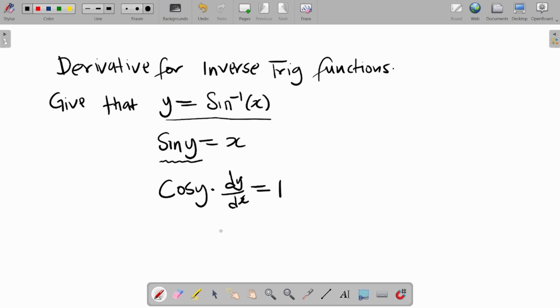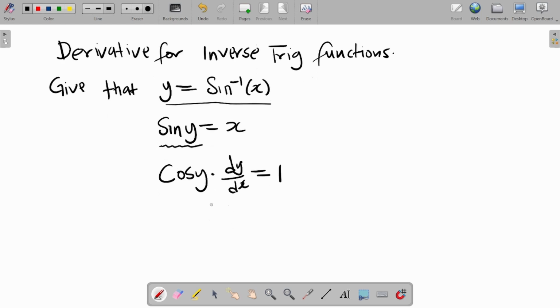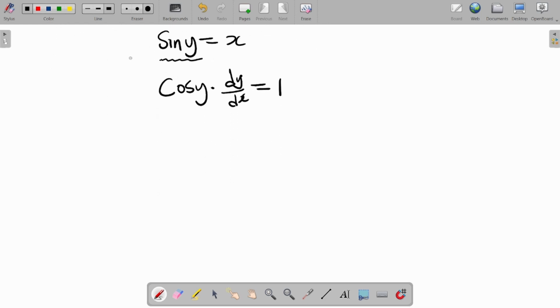So from here you make dy/dx the subject of the formula. You're going to have dy over dx equal to 1 over cos y.